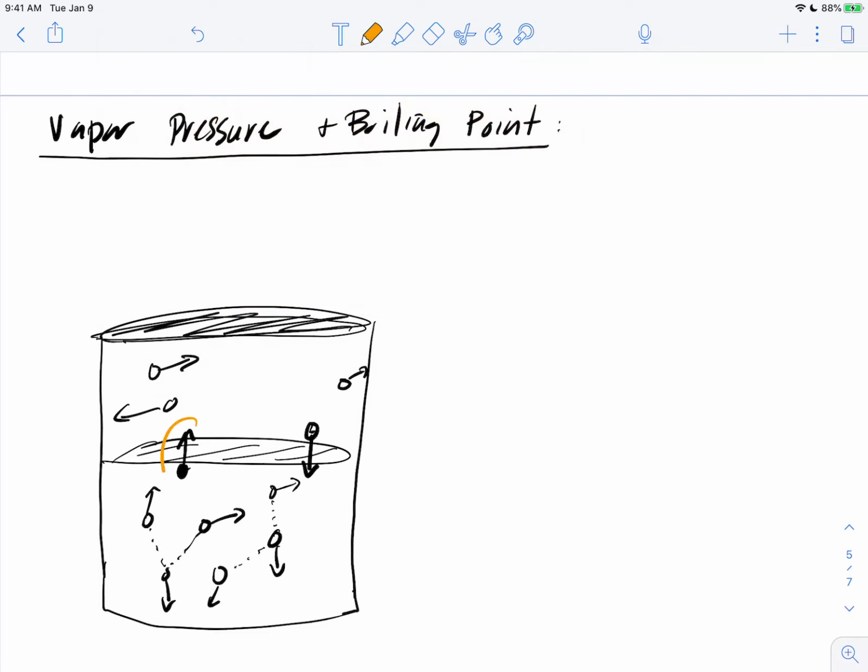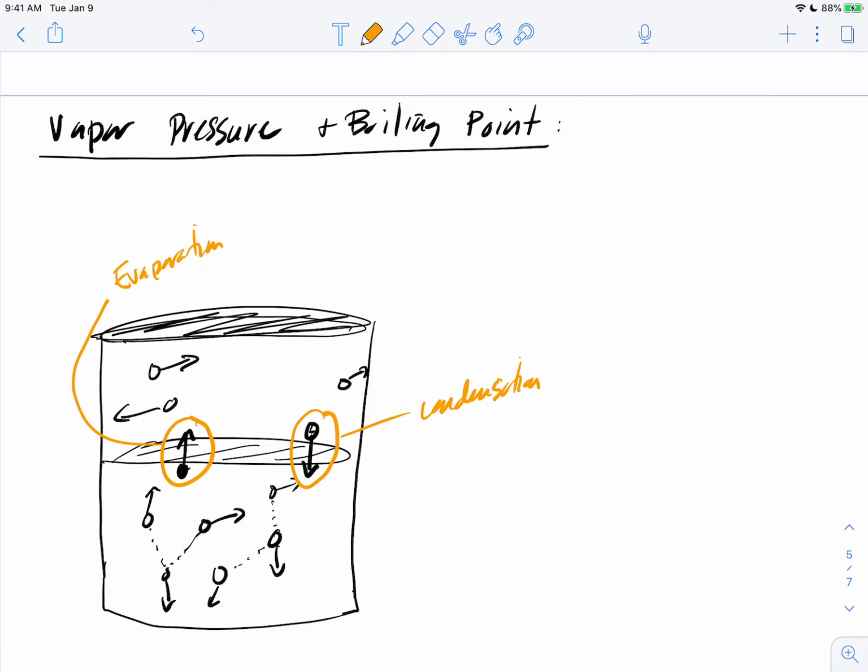So going from liquid to gas, this is evaporation, and to go from a gas to a liquid, that is condensation. Okay. And so we can have different rates.